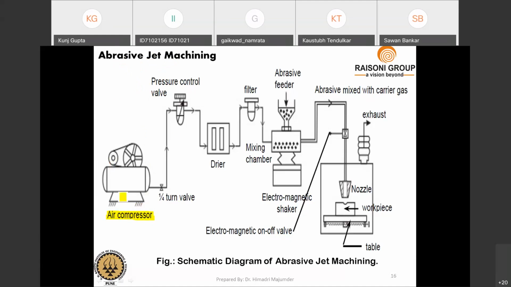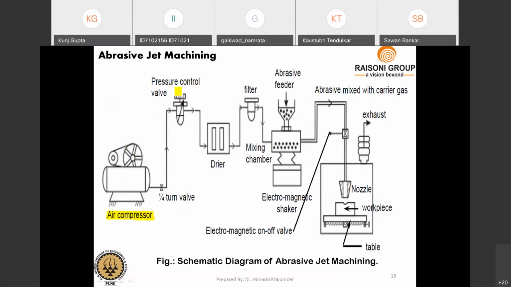We can use normal air or nitrogen as the carrier gas. Carrier gas means the gas that will carry your abrasive to your workpiece. So in the air compressor we get sufficient air pressure which is able to take our abrasive to the end point.